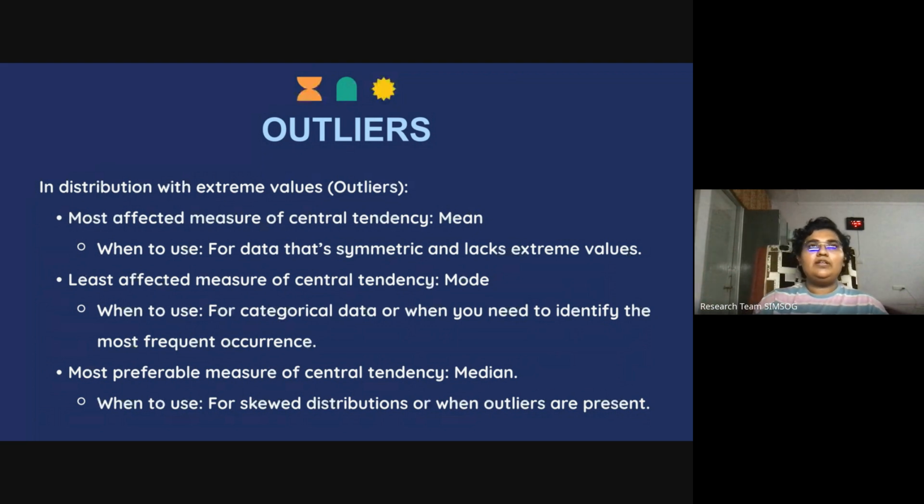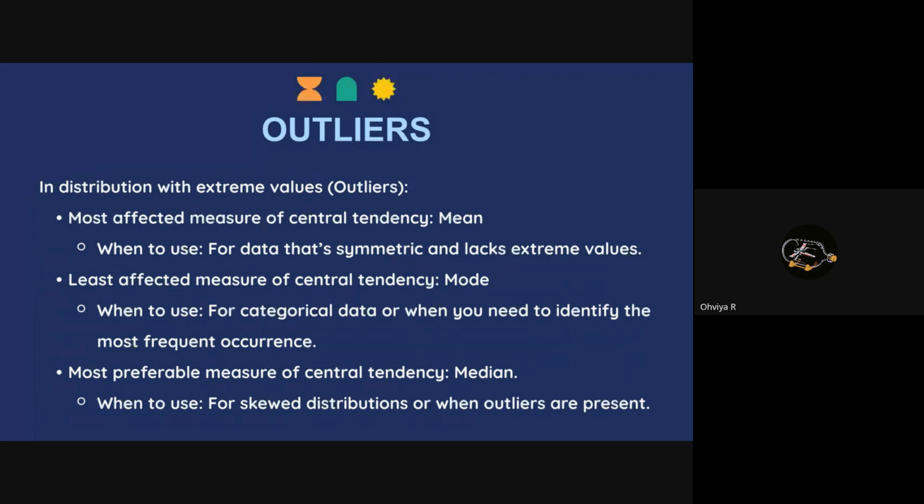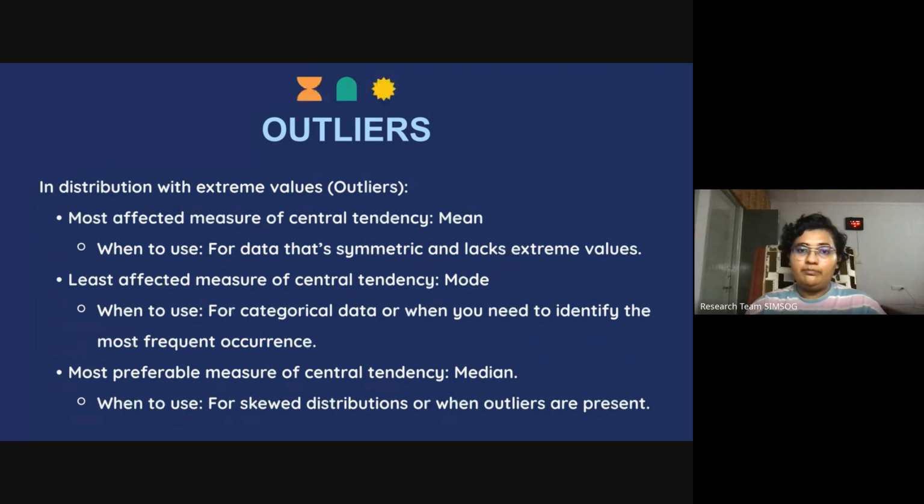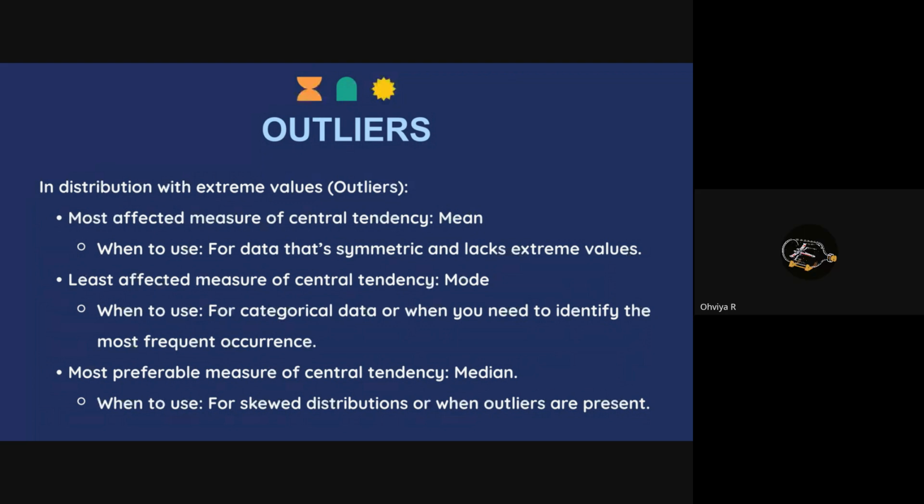But if it is 170, then, like I said, the mean is the addition of all the values upon the number of values, so the mean would be very much affected. Oh, so the value most affected by an extreme value coming in is the mean. Okay, got it. Yes, that is the mean, and the least affected is the mode.